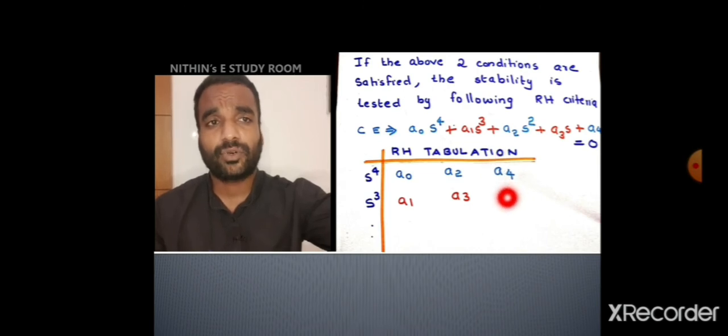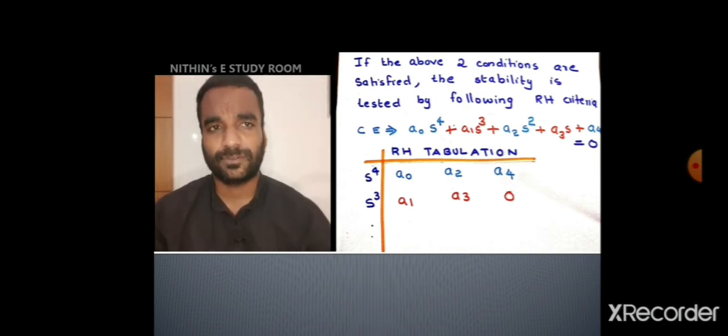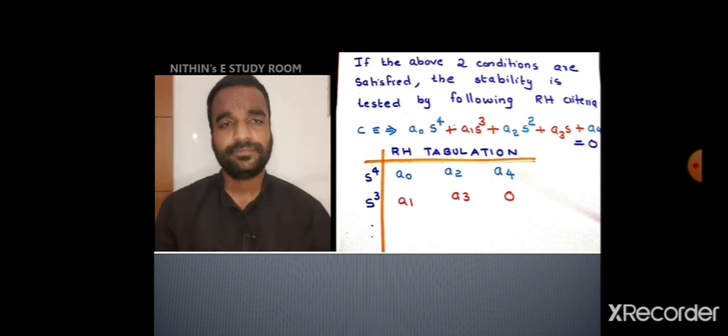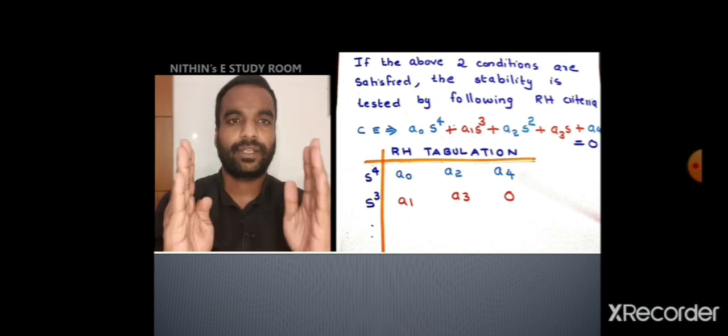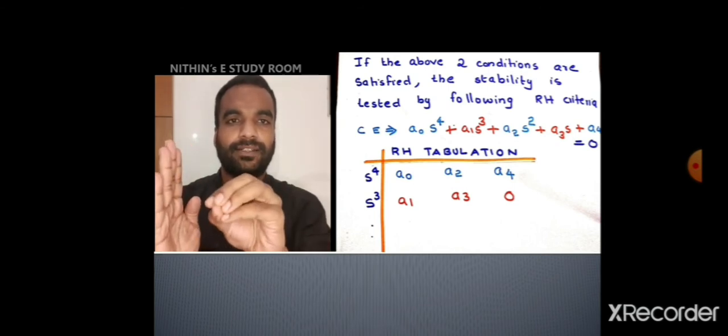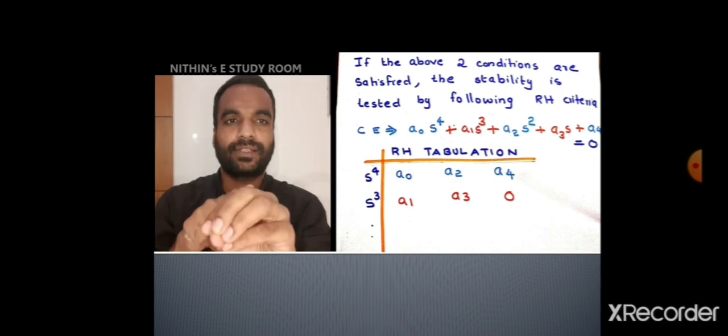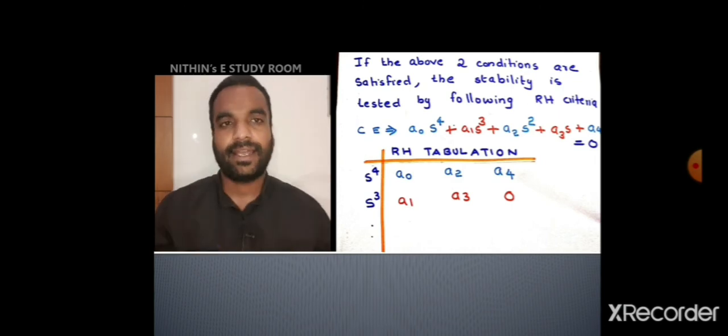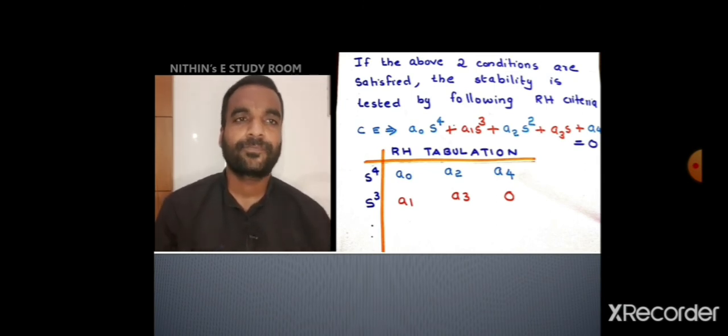Now there is no coefficient after that, so simply write 0. First A0, A2, A4, one combination; then take the left combination, A1, A3. As there is nothing to write beneath the A4, I have put the 0 there. This is a very simple thing.